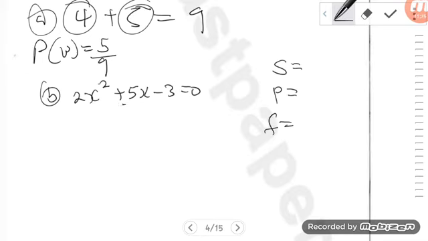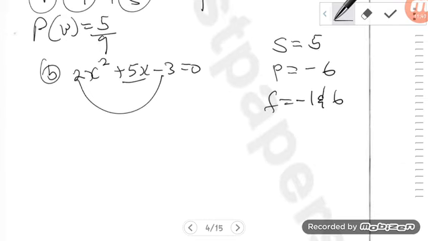Our sum is the middle number, which is 5, and the product is this times that, which gives negative 6. So we're going to find 2 numbers that add to give 5 and multiply to give negative 6. Those are negative 1 and 6. When you multiply them, they give negative 6, and when you add, they give 5.